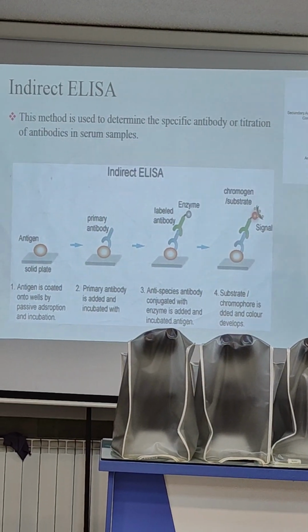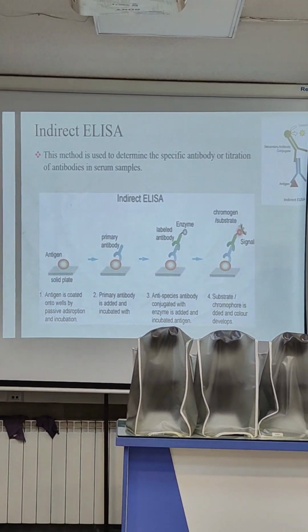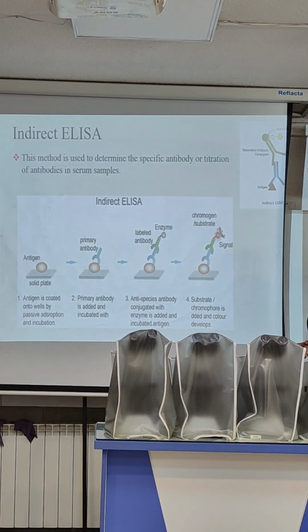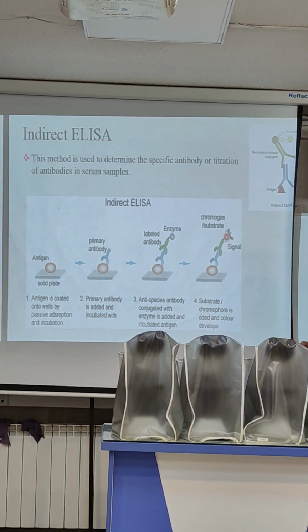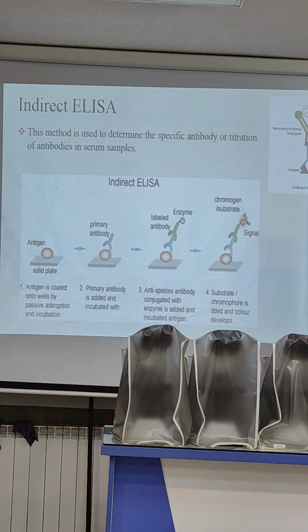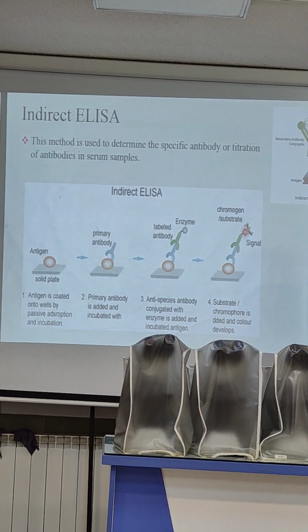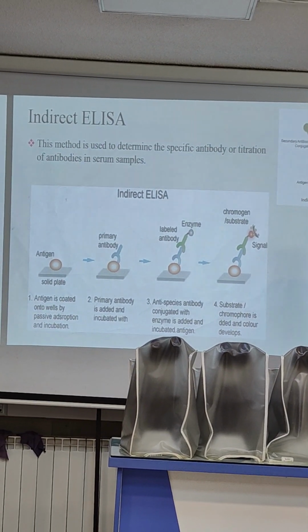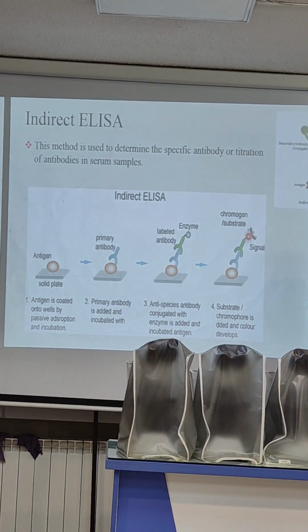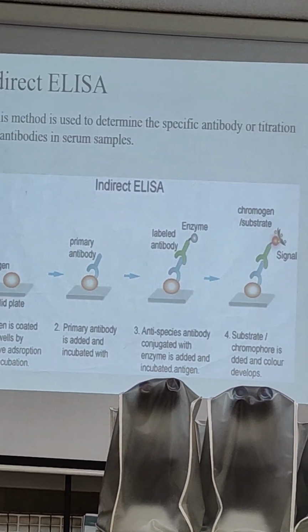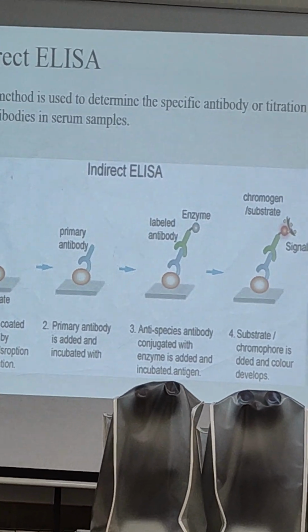About indirect: when we say indirect, what does it mean? At first, I want you to interpret for yourself. How can you understand from this slide? This is the indirect ELISA. What is the difference between indirect and direct? Who can describe it?